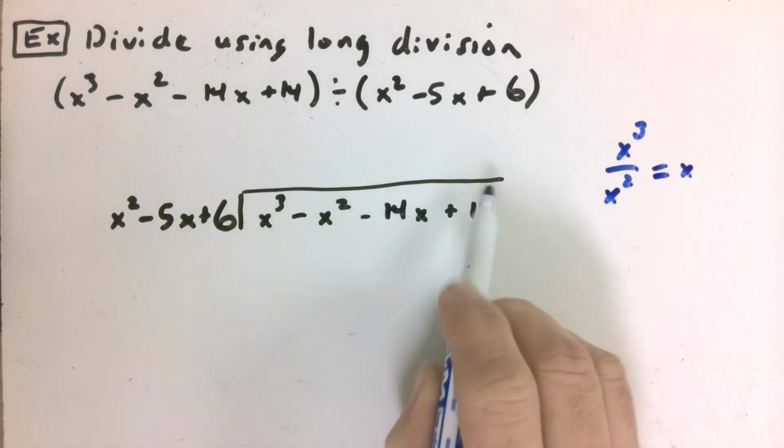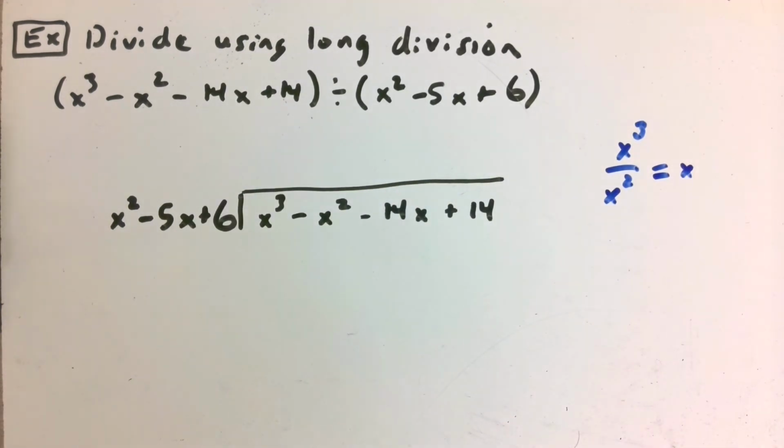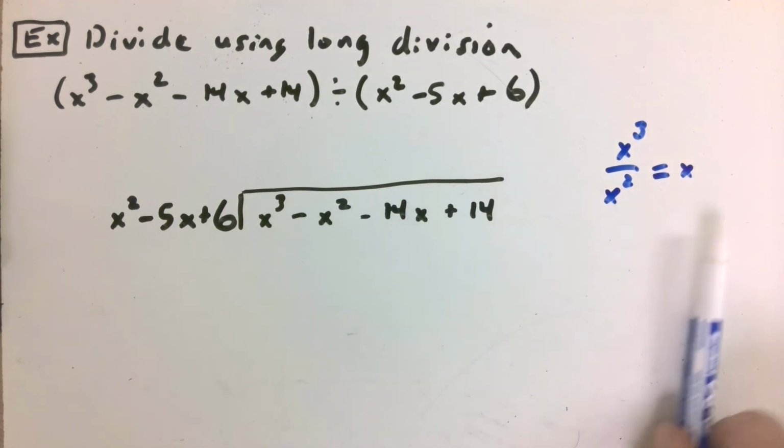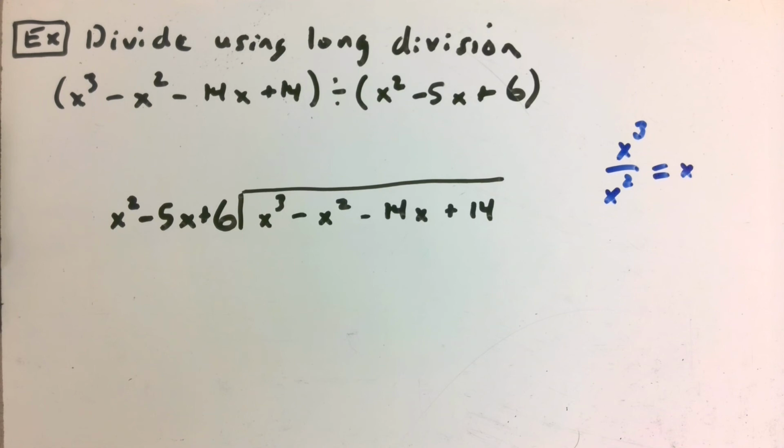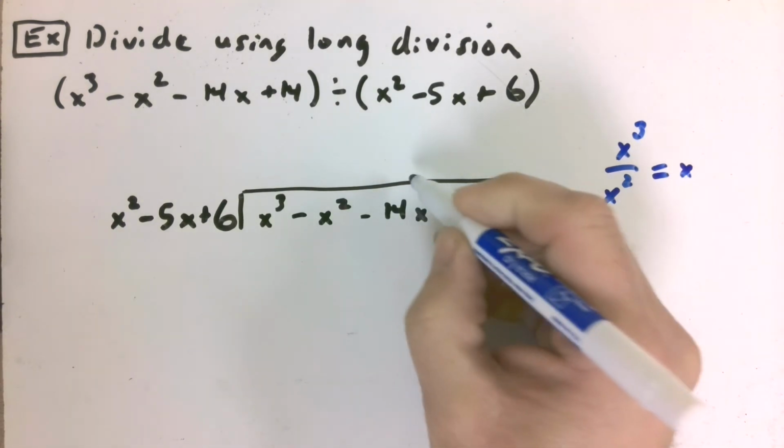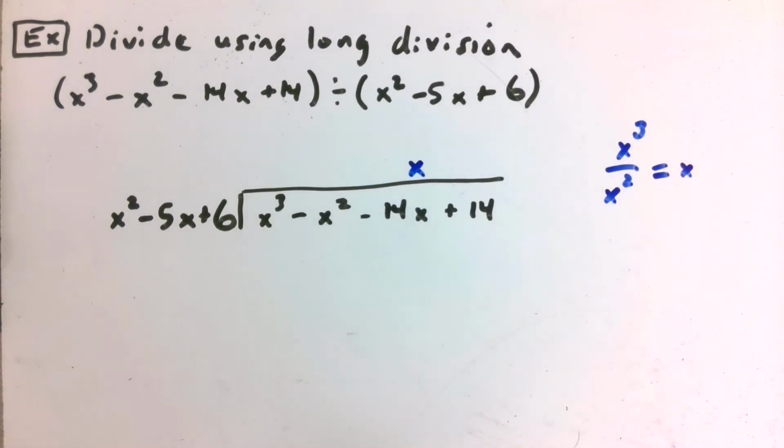So I'm going to take an x and put that up here in the top. And what I'd like to do is keep all of the columns with like terms all together. So this first column here is going to be my x to the thirds, here's my x squareds, and so on. So for this x to the first power, I'm going to write that above our minus 14x term. So that's our first step.